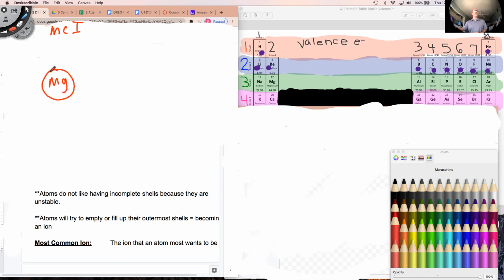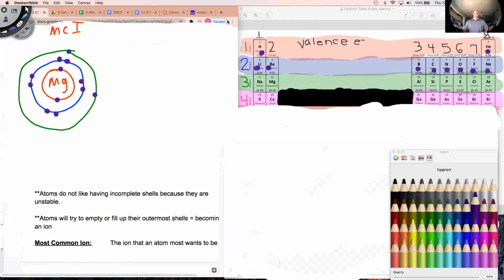We had our first shell. Okay, so I just jumped ahead with you so you don't have to waste time with me drawing. So magnesium, this is what magnesium looks like. It's got 2 on the inner shell, then 8 in the middle shell, and then 2 in the outside shell.